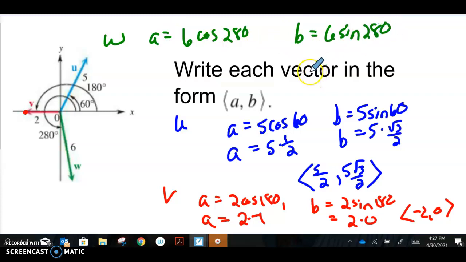I don't know those, so I'm going to have to use my calculator. When I take 6 times the cosine of 280, I get about 1.0419. When I take 6 times the sine of 280, I get about -5.9088. It's not always pretty.